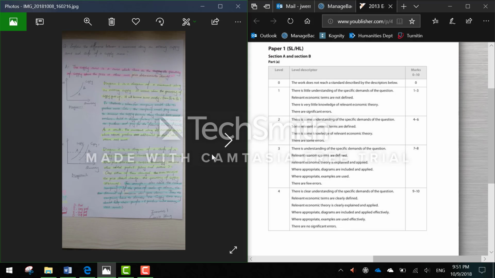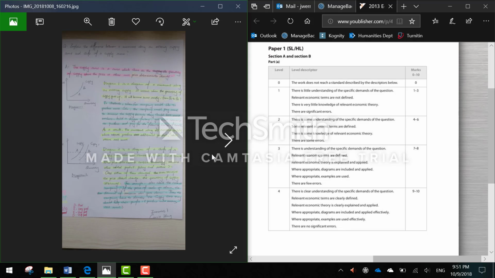So let's think about her explanation, which is where a student explains economic theory. Her explanation is good in one part, but pretty weak in the other part. So I think that qualifies as some relevant economic terms are defined. Some knowledge of relevant economic theory is given.